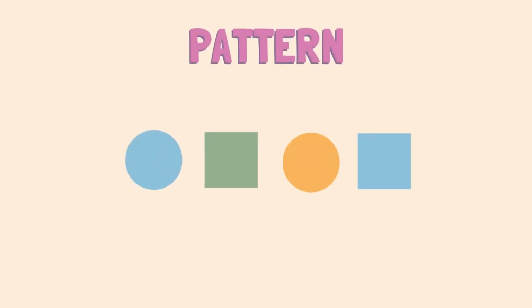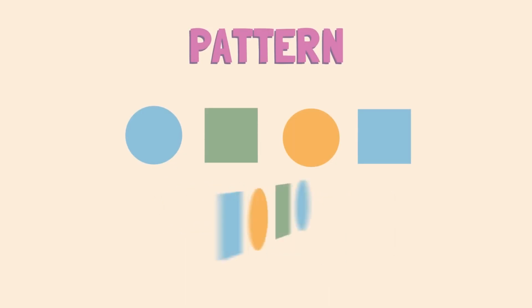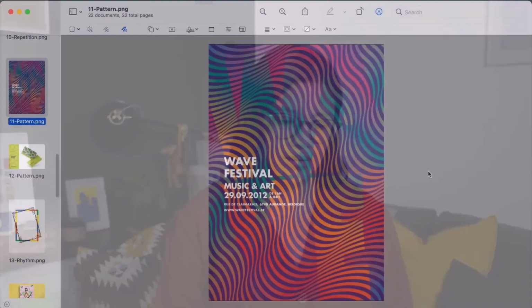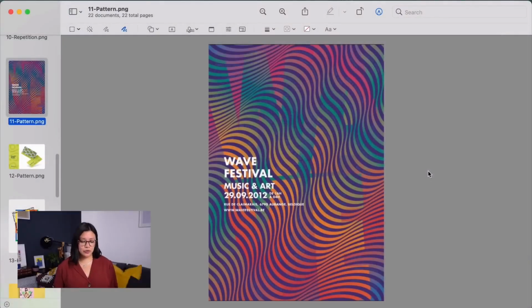Pattern is the repetition of multiple design elements that will help enhance the viewer's experience of the final design. So while repetition focuses on a single element, pattern is multiple elements that just expands through. On this first example, we have this intricate pattern, and we can see that the waves in the background have no clear direction, but they start from the bottom left toward the top right.